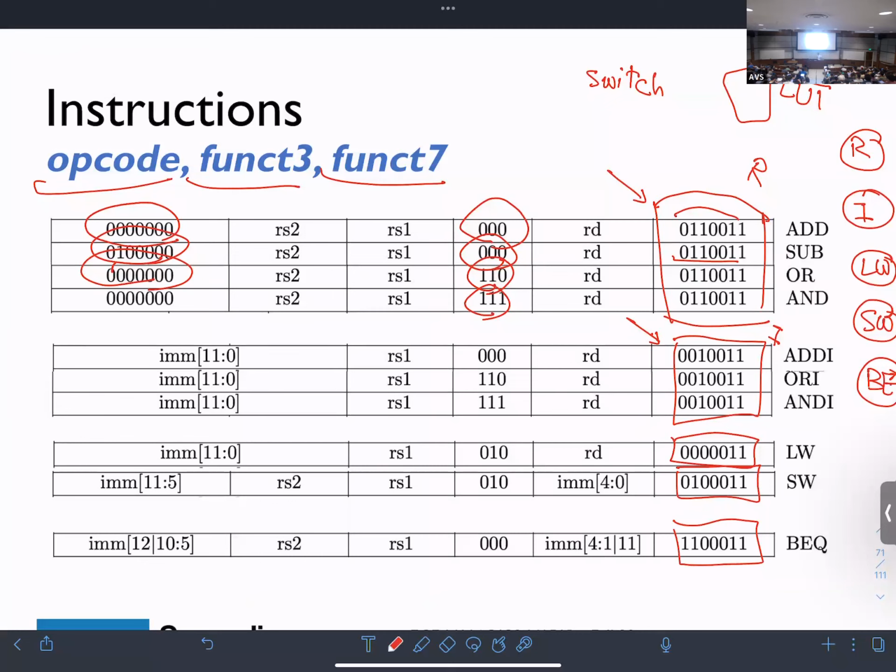One thing you might think is, why didn't we use different opcodes for each of these instructions? It's just to make things more efficient in terms of size. Remember, only R-type instructions need func3 and func7. The others can use this space for other things. For example, the I-type instructions can use it for bigger immediates.